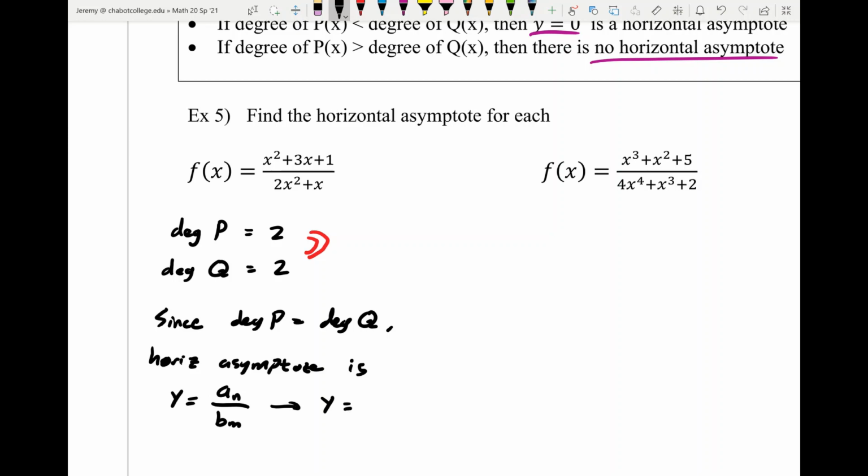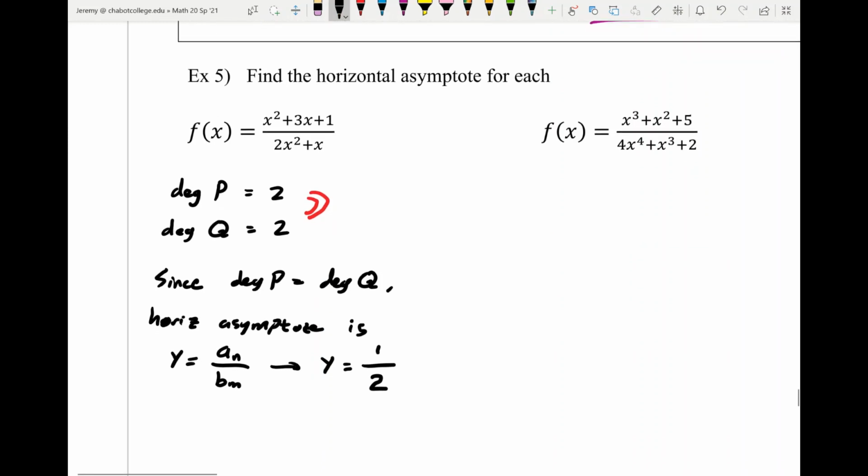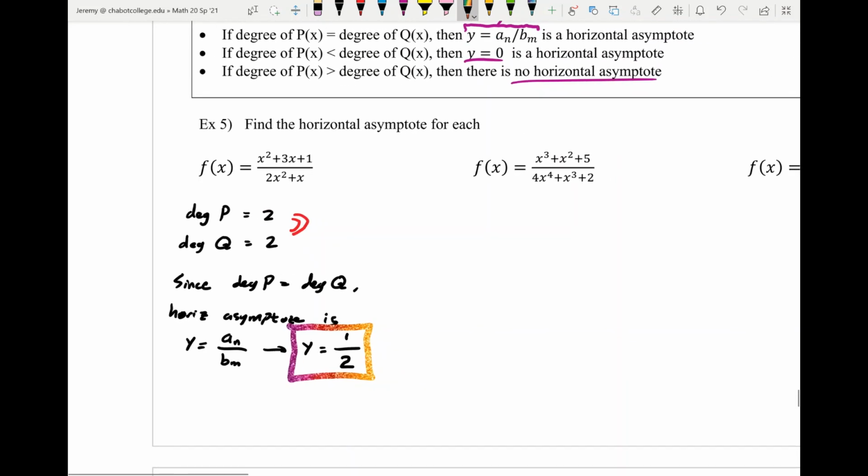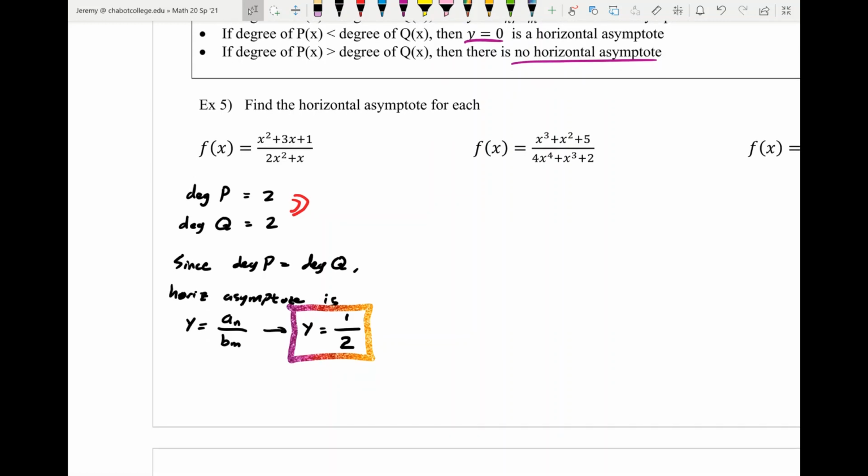In this case, the leading coefficient in the numerator is 1, that comes from right here. And the leading coefficient of the denominator is 2. So y equals 1/2 is our horizontal asymptote. Cool. So there it is.